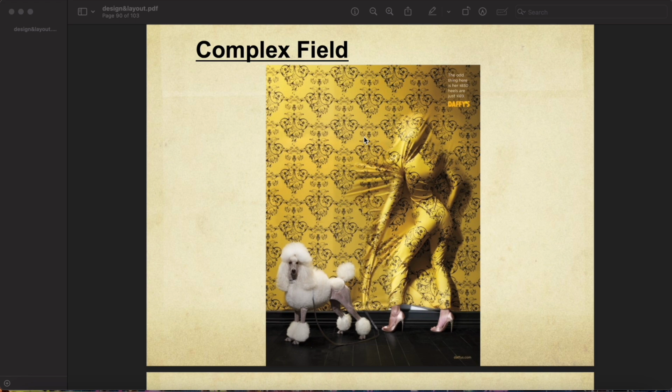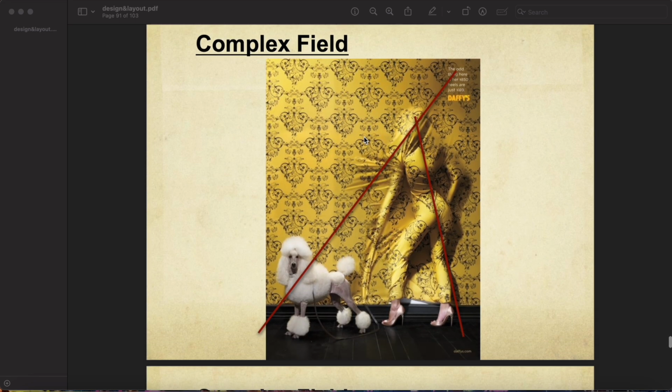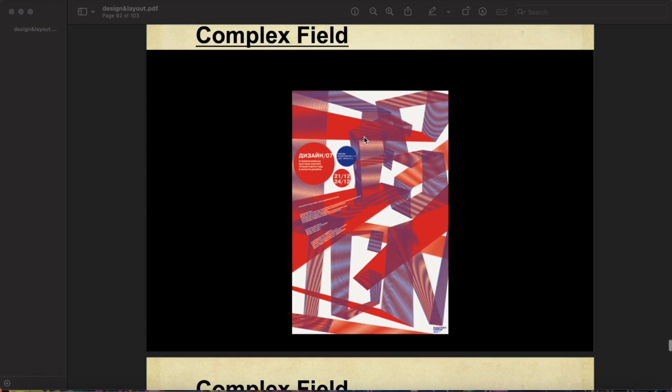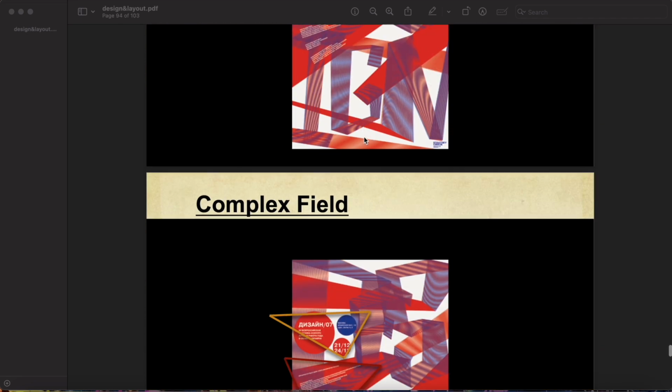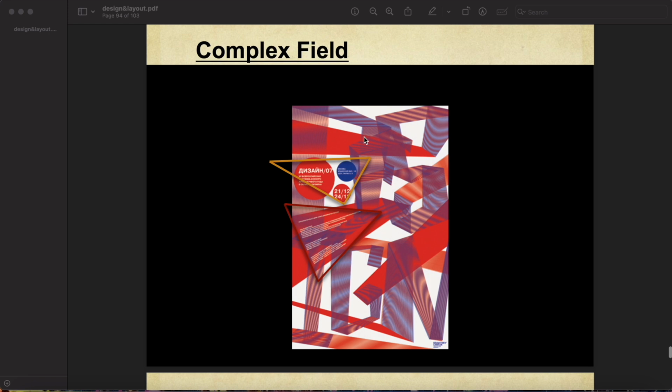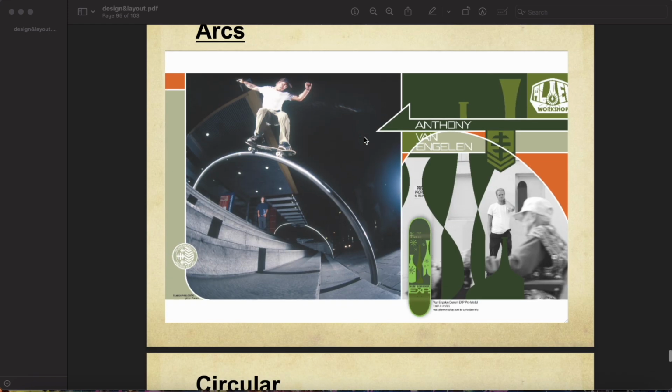I almost forgot. This is also a complex field. Oh, and then there's arcs. Arcs are fun.